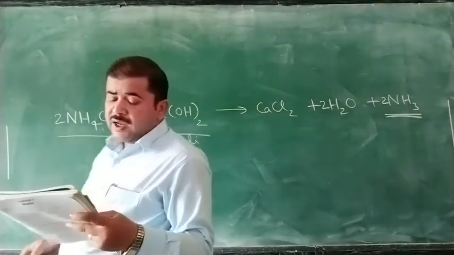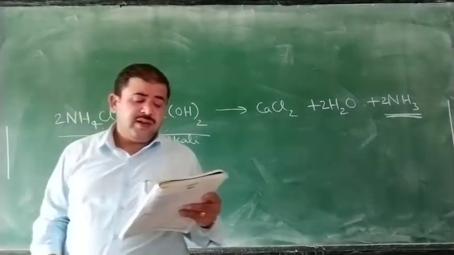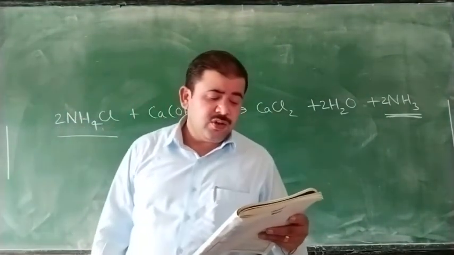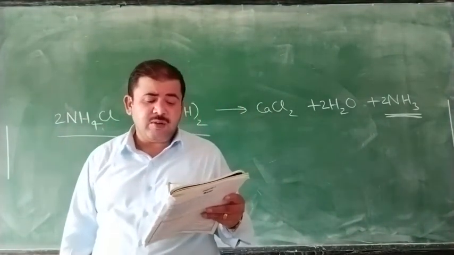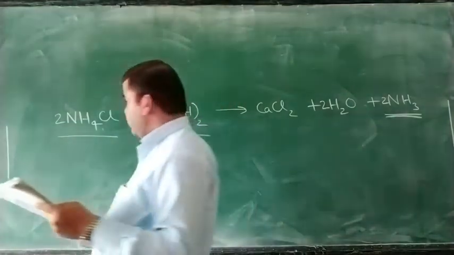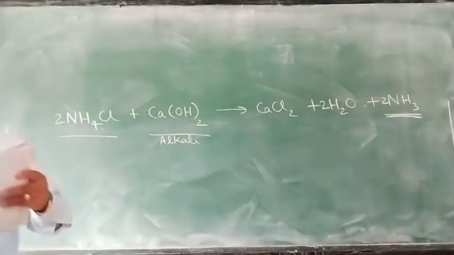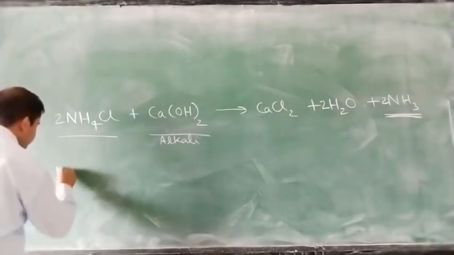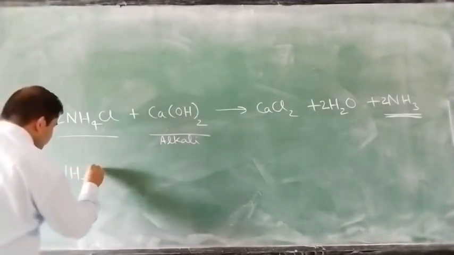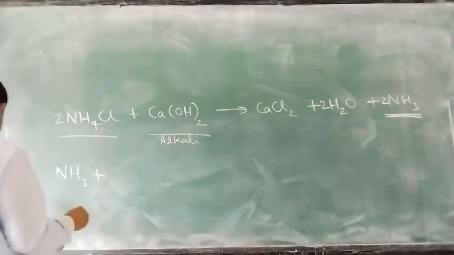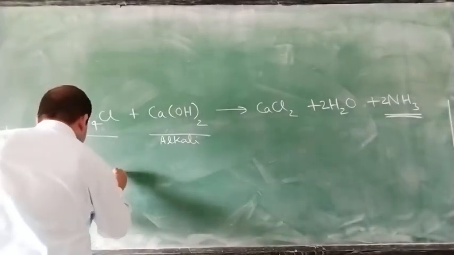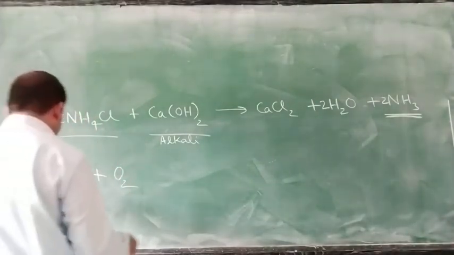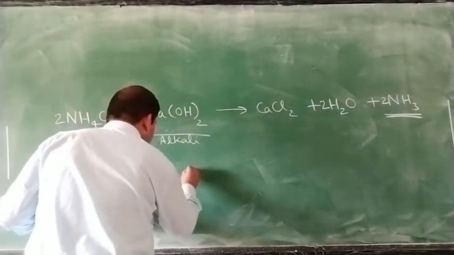And after this, an exothermic reaction takes place between ammonia and a neutral gas. We can see here ammonia and neutral gas. Neutral gas means we will take here oxygen. We will get nitrous oxide.